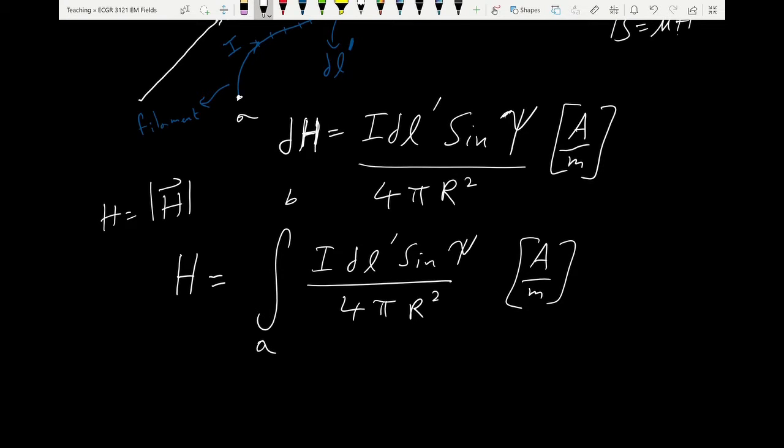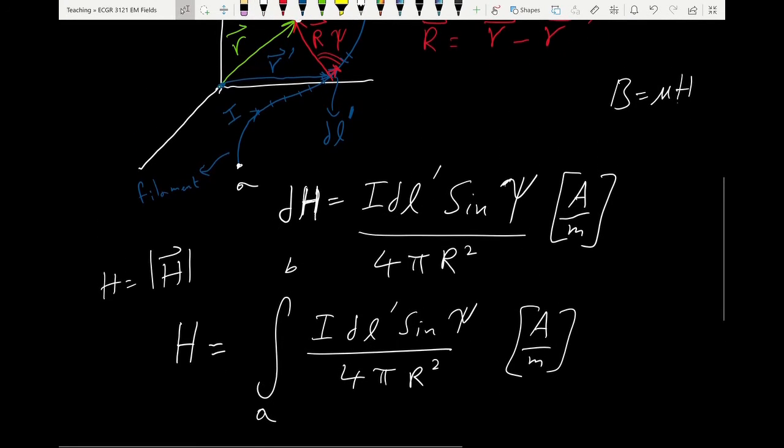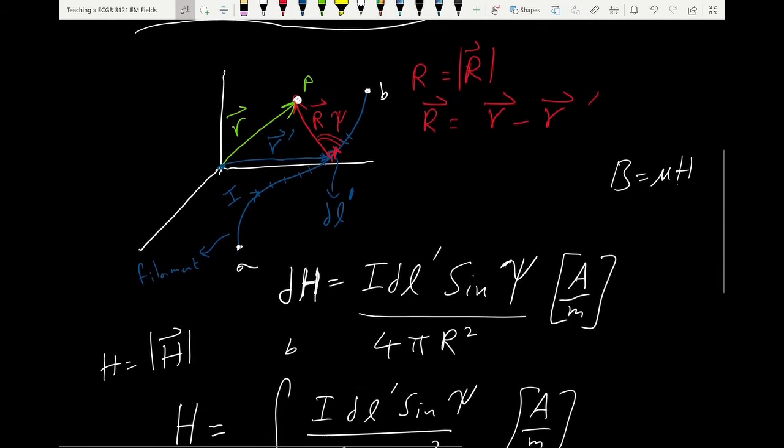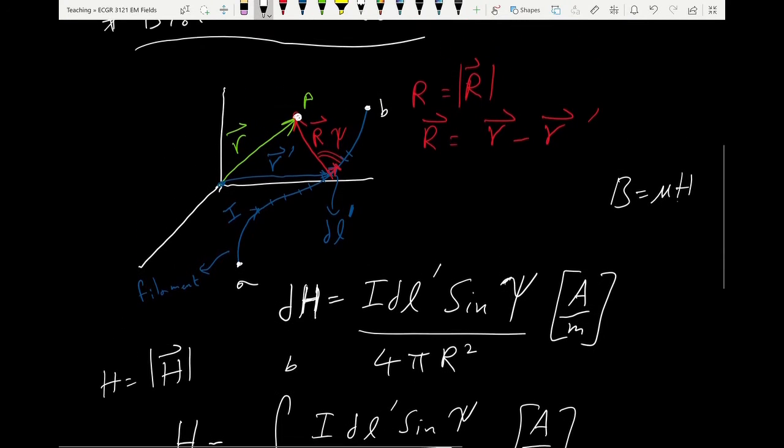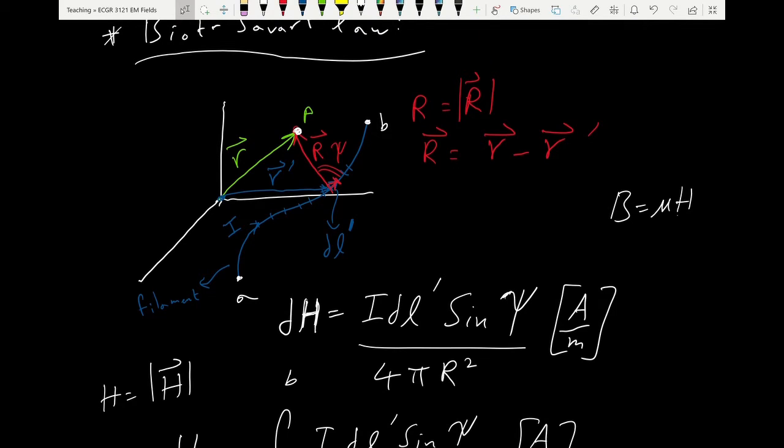Right? This is just the magnitude. This is still not the Biot-Savart law. I'm just setting it up. We want to now capture the magnetic field intensity. So typically, the right-hand rule applies.